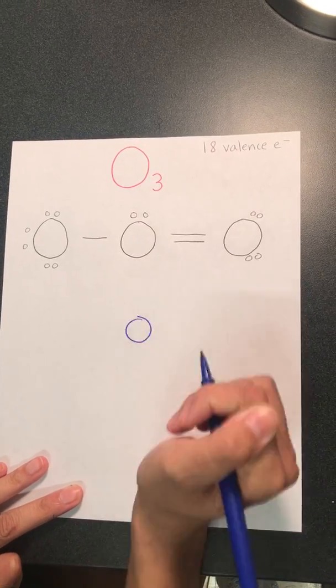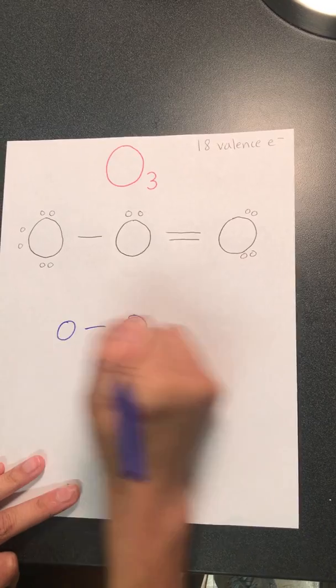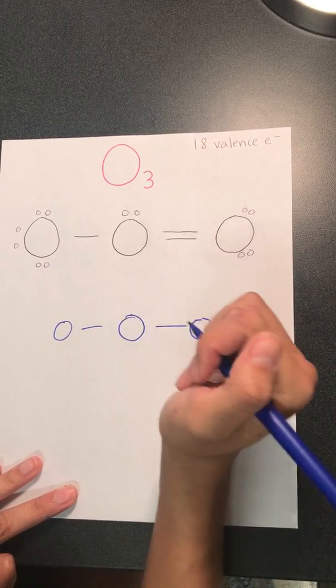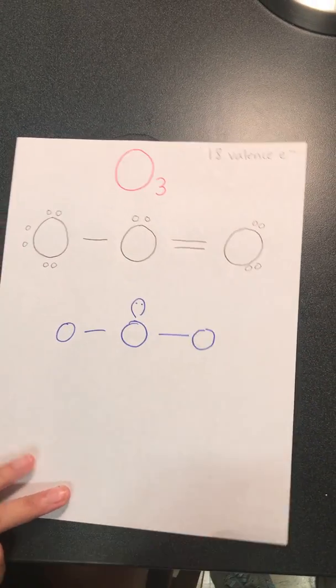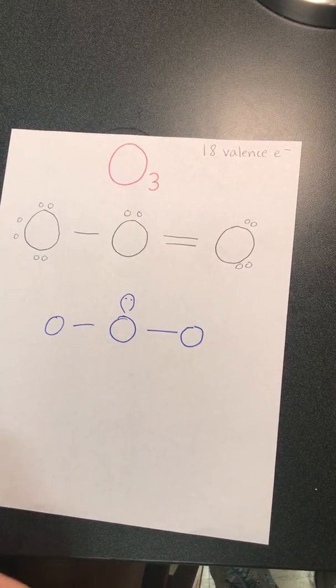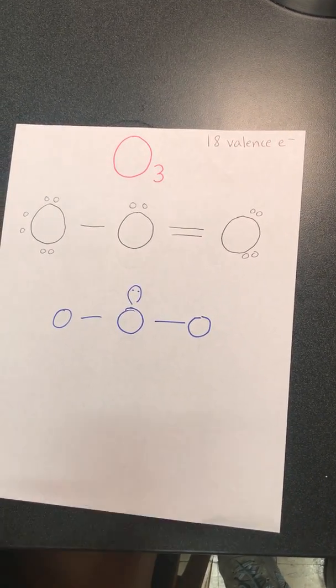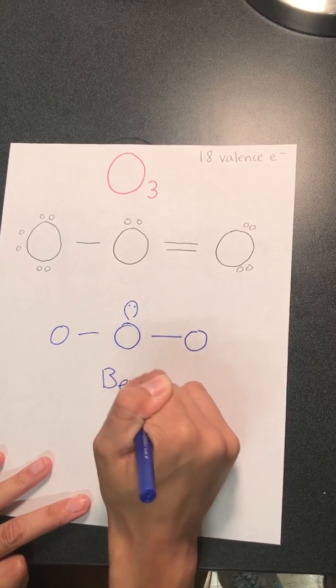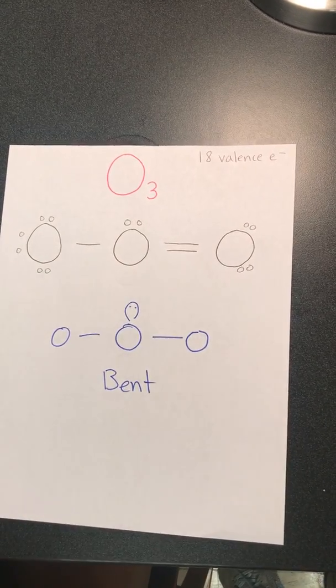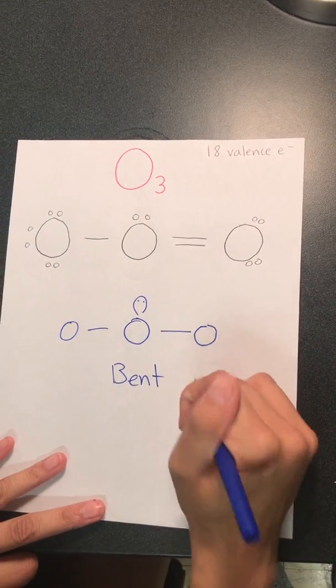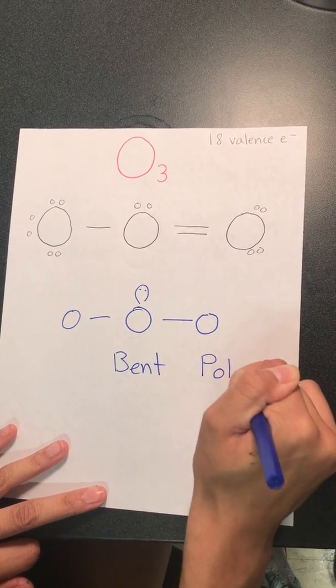So we'll have oxygen, oxygen, oxygen. We have our non-bonding pair there. So our molecular geometry is bent, and since all the domains are not the same, this molecule will be polar.